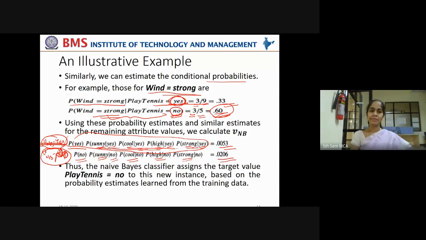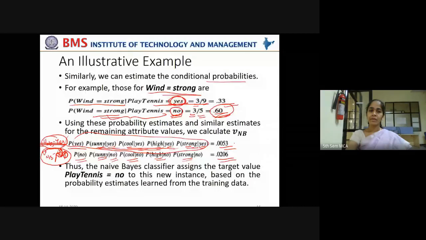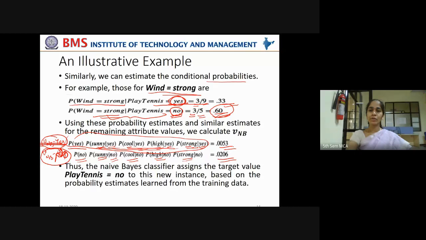Now tell me, for the given instance, whether tennis will be played on that day or not, seeing the probabilities. Students, will tennis be played on that particular day or not? Which probability is higher? Which probability is higher in both cases? Speak out.